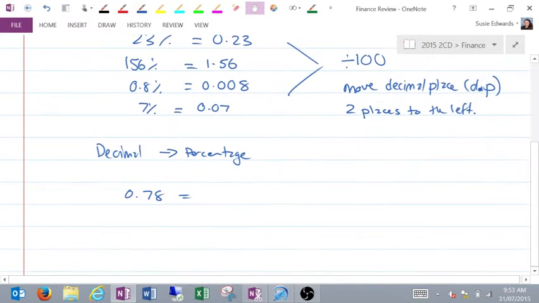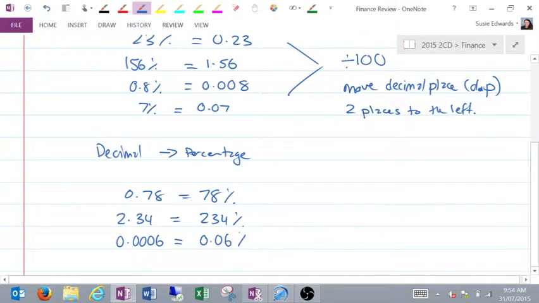You can call it out. 78%. 2.34, 234%. 0.0006. 0.06%. Good work.